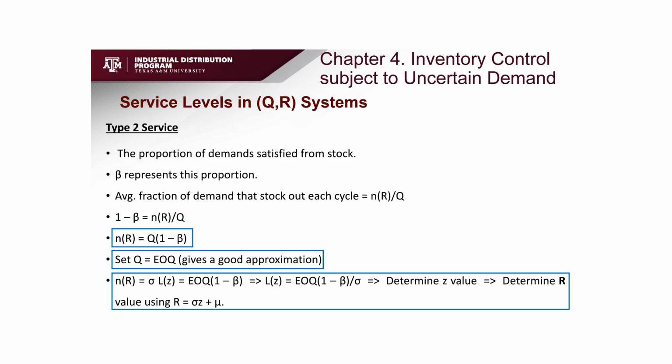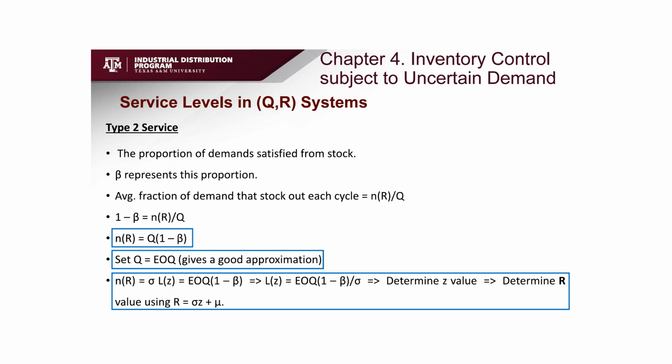Now, type 2 is trickier because it ties R and Q together. Beta is the proportion of demands met from stock. And the average fraction that stocks out each cycle is n(R) over Q, which means 1 minus beta equals n(R) over Q. That gives n(R) = Q(1 − beta), the expected units short in a cycle.